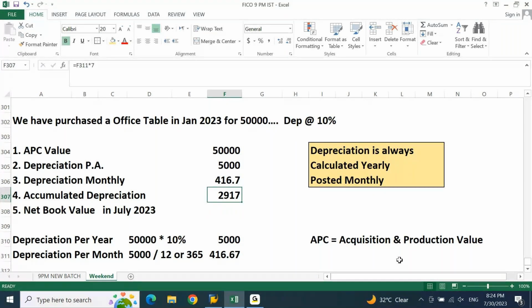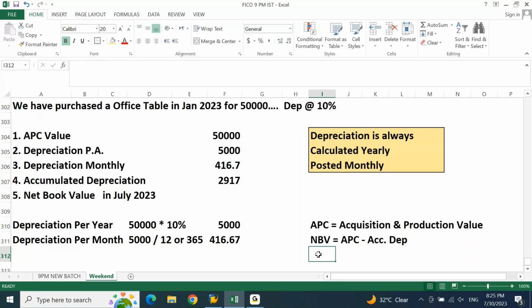Now, if I talk about my net book value, I am talking about the current value of the asset. NBV is equal to APC minus accumulated depreciation.